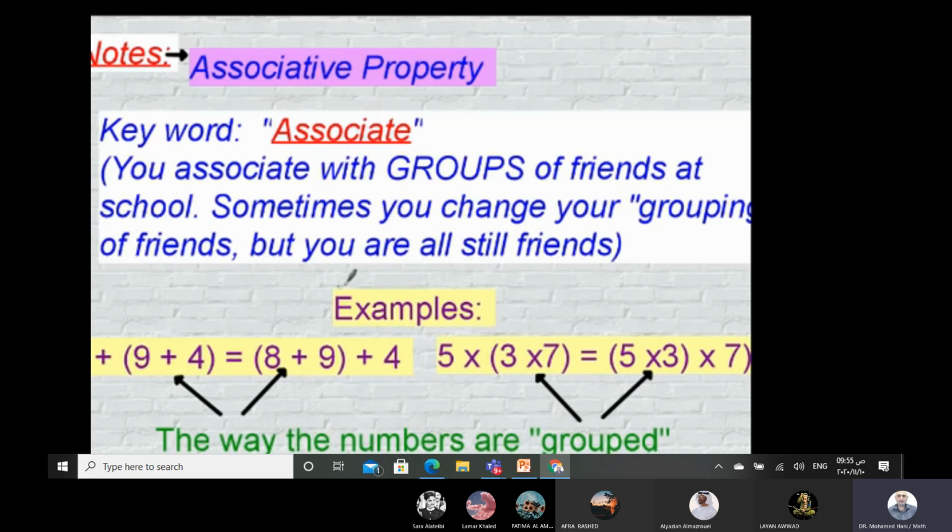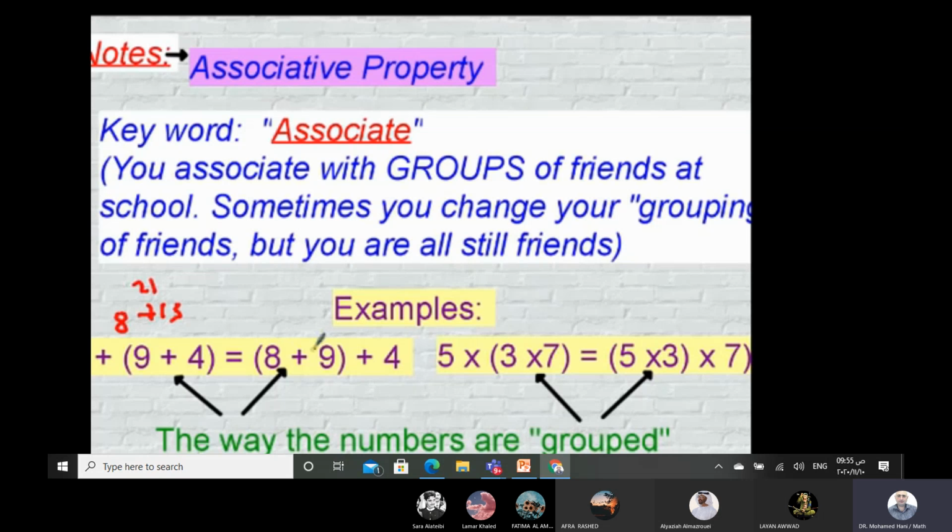Same thing works with our operations. It doesn't matter how we group our numbers. We still get the same answer. So in this example, I've got 8 plus 9 plus 4, and here I've got 8 plus 9 plus 4, grouped differently. If I work these out, 9 plus 4 is 13, and 13 plus 8 is 21.